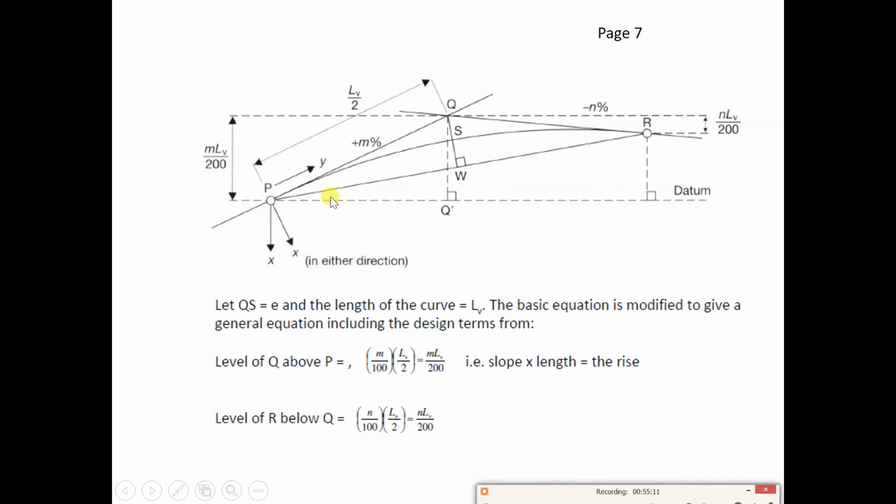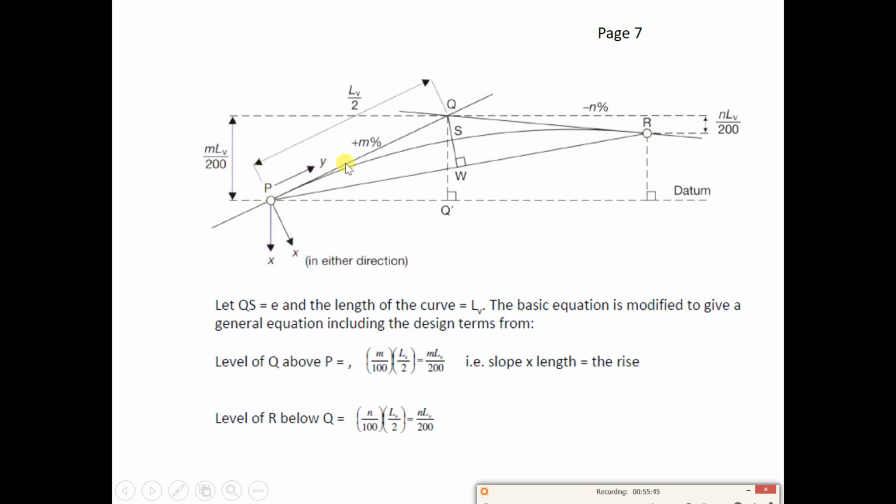So the y starts from this chainage until that chainage. This straight line is approximated to be this line also, because the vertical alignment is really horizontal.